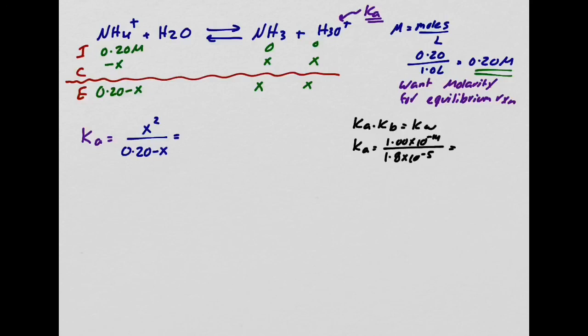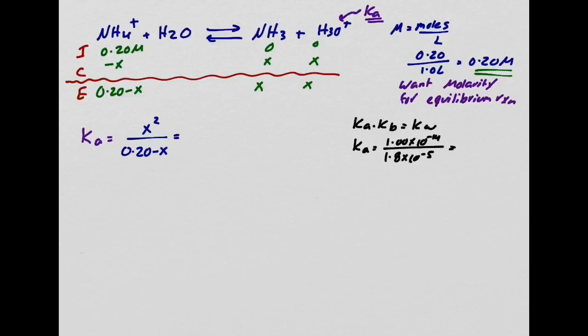Okay. Again, why do I need Ka? Because what you have is ammonium, not ammonia. I have ammonium. Ammonium is an acid. You know that because what you end up with is a hydronium concentration in the solution. So when you have an acid, you have to use a Ka. Ka is not given to you, but Kb is given to you.